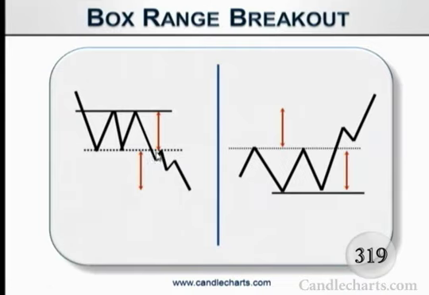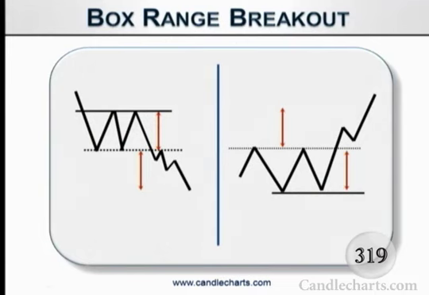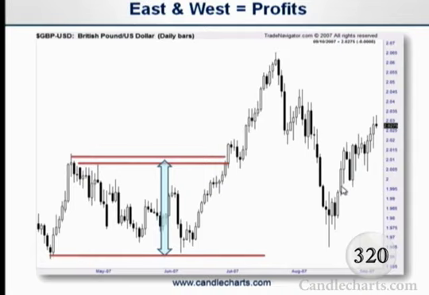If it gets back above there. Box range here, and for a box range, it has to be resistance tested at least two times and support tested at least twice. So a box range breakout on the left to the downside, and a box range breakout to the right on the upside. Okay, here's a box range, and this one was interesting.